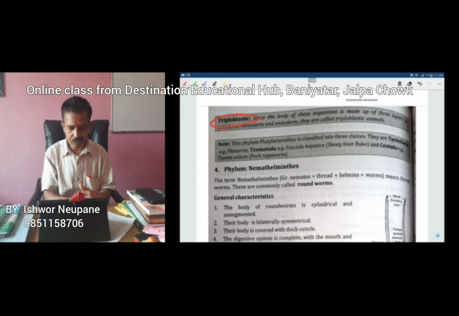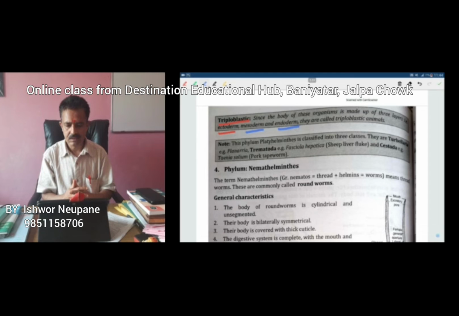Example, liver fluke, tapeworm, planaria, blood fluke, leukosolenia. These are the examples of Platyhelminthes. Now students, let's discuss next thing, triploblastic. Actually, Platyhelminthes are triploblastic also. What is it by triploblastic?